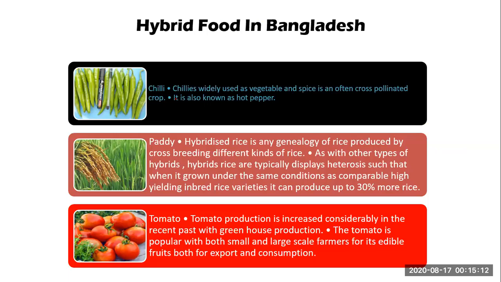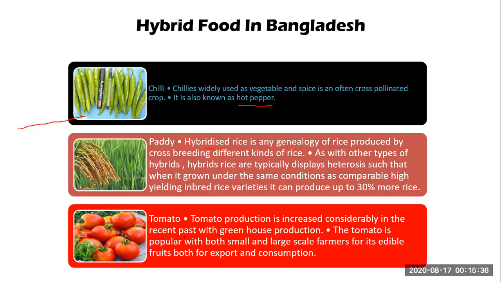If you go for hybrid food in Bangladesh, it's like hot pepper. It's very available in the supermarkets. These chilies are a hybrid product. With that, we know there is lots of hybridized rice available in the market, and all of them are very high yielding. And another is tomatoes.